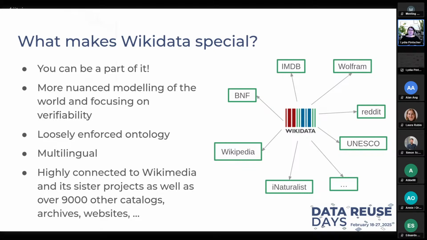Wikidata also, unlike some other knowledge graphs, has a rather loosely enforced ontology. So it is not very strict in how data is modeled, which allows for a lot of good nuance in the data, but also sometimes makes it a bit harder to reuse the data.